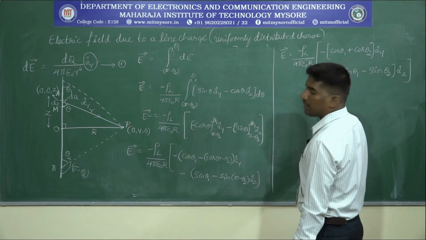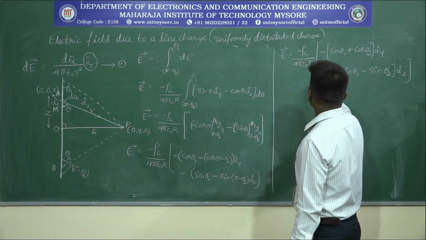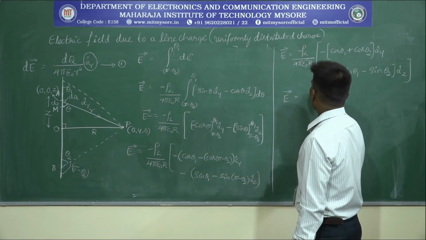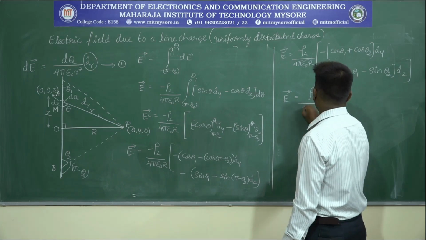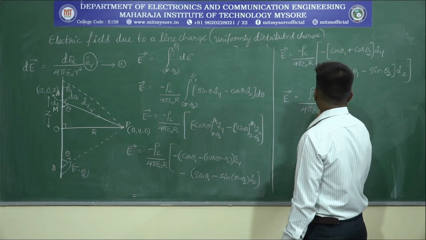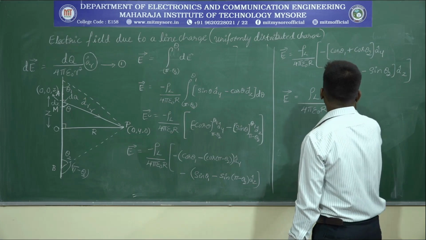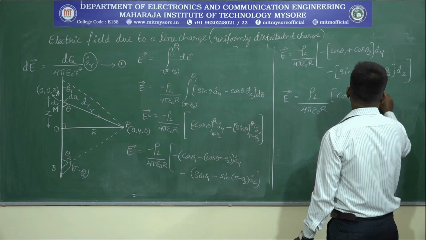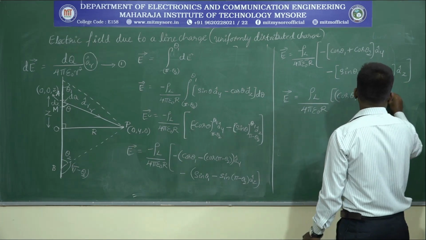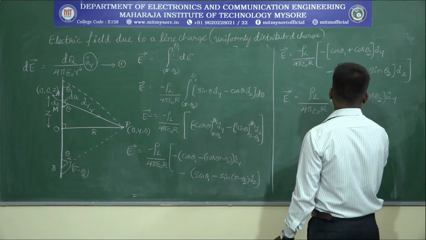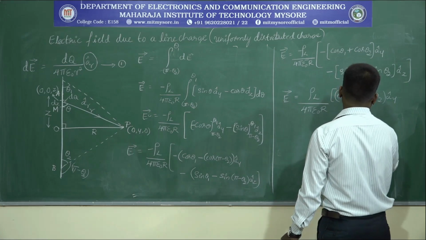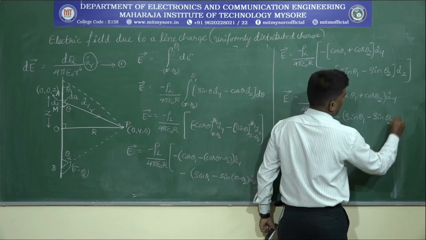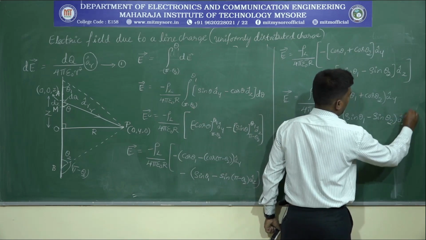So, take the negative sign common, then these two will get cancelled. Therefore, total electric field intensity E is given by rho L divided by 4 pi epsilon naught into r into cos theta 1 plus cos theta 2 into a cap y minus sin theta 1 minus sin theta 2 into a cap z.